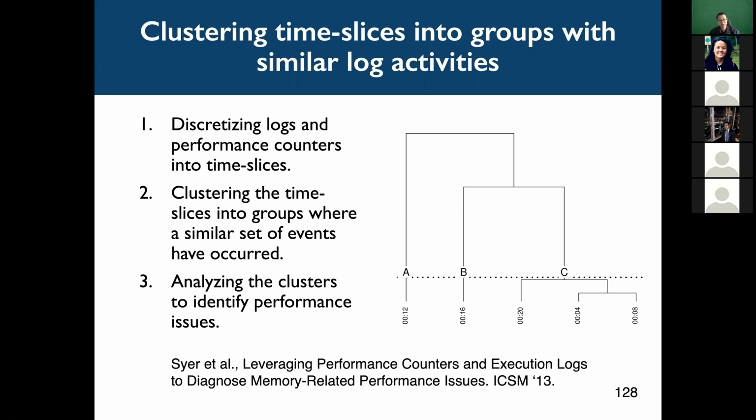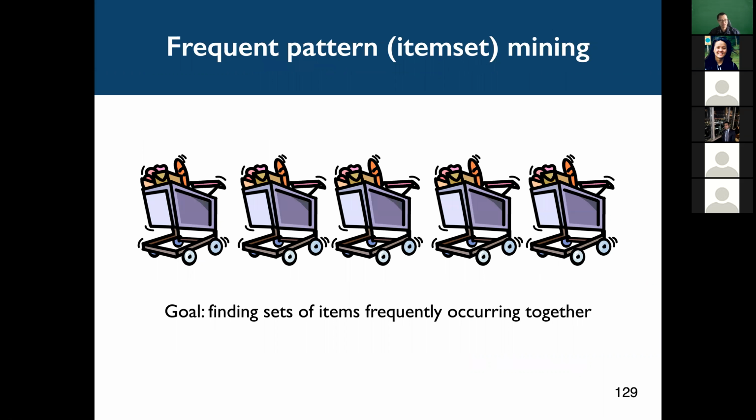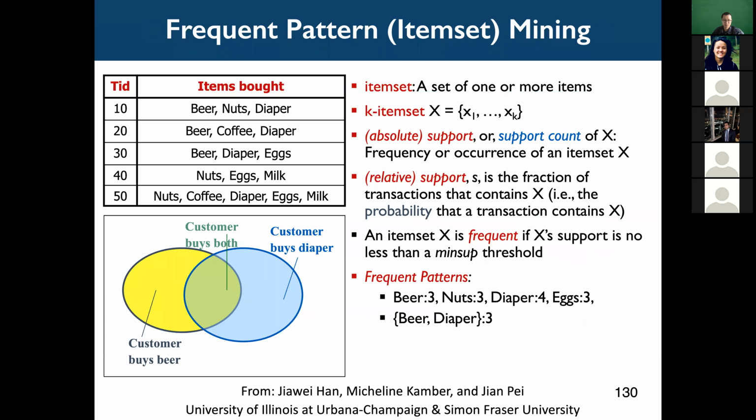The next topic we'll discuss is frequent pattern mining. What is frequent pattern mining? Frequent pattern mining is about finding the sets of items frequently occurring together. For example, there are different customers who buy some items together, right?